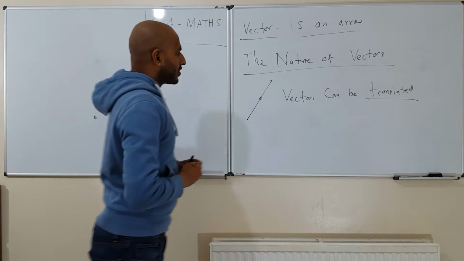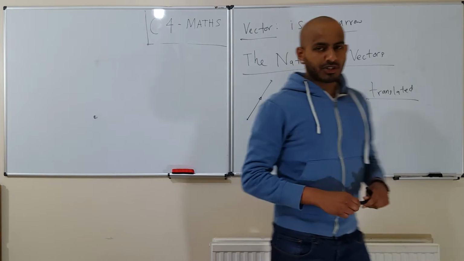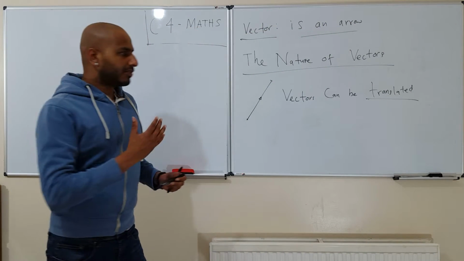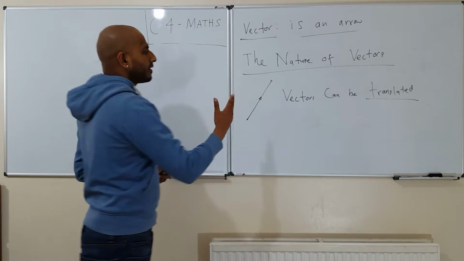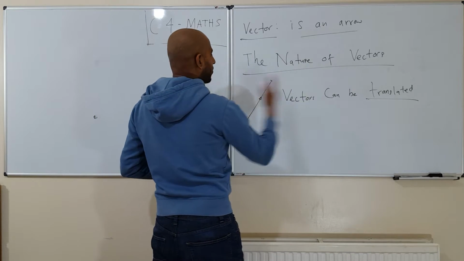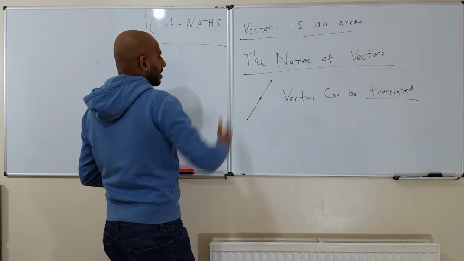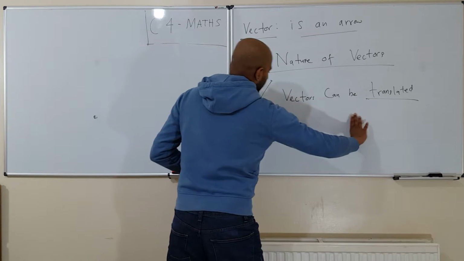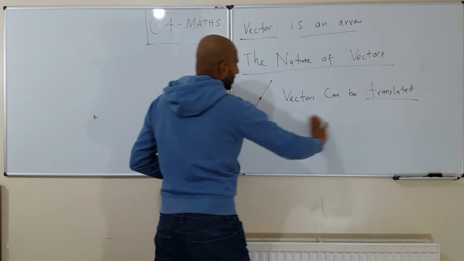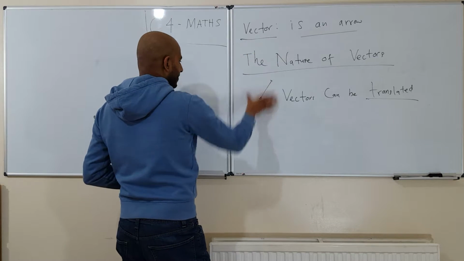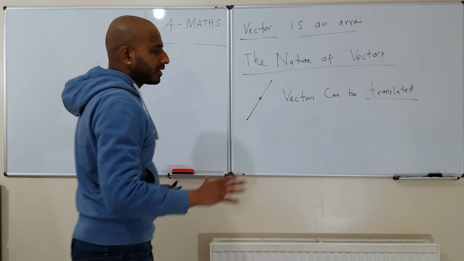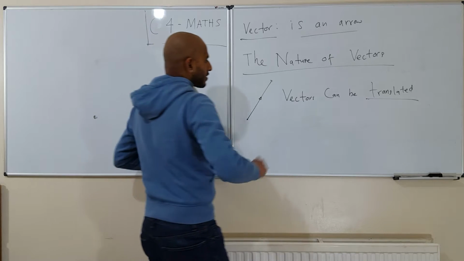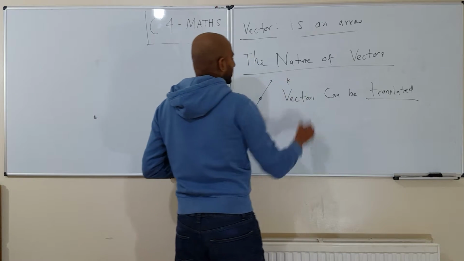A translation is like in C1 or C2 pure maths or core maths, where we have learned translating graphs. You can move a graph horizontally or vertically. Basically, we can move a vector across, or we can move a vector upwards, or we can do both. However, we cannot rotate a vector. I'll explain in a minute with examples.